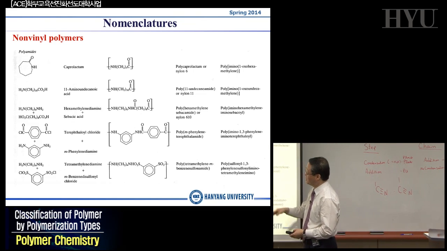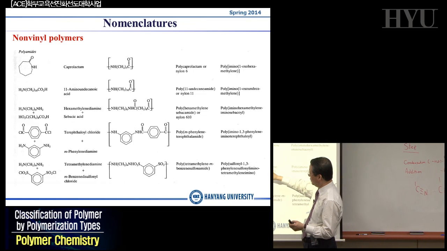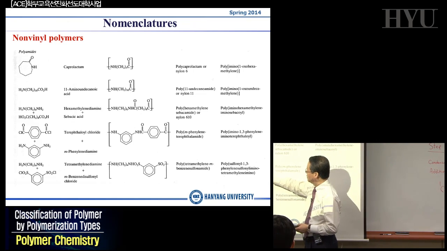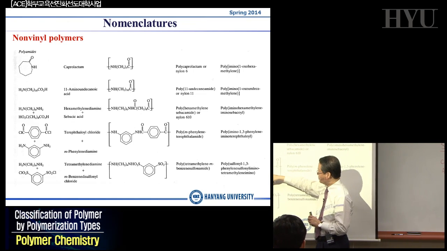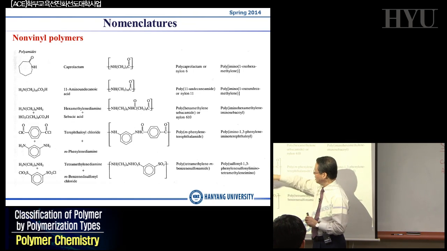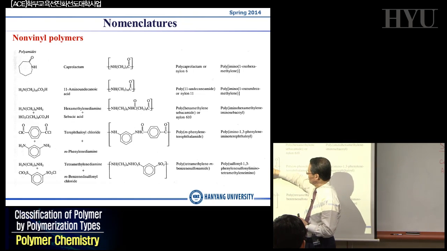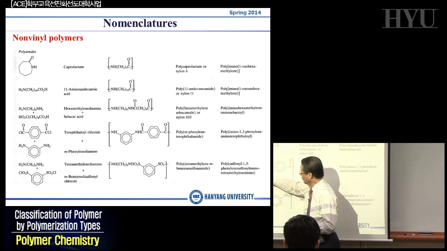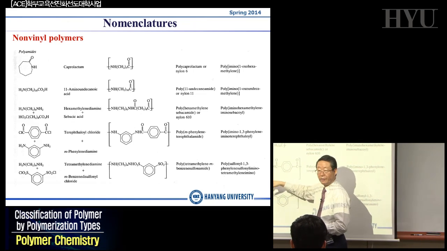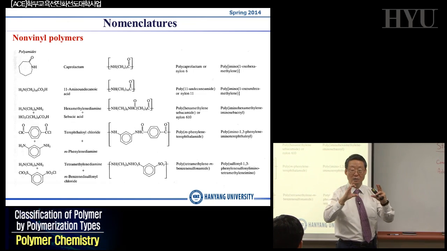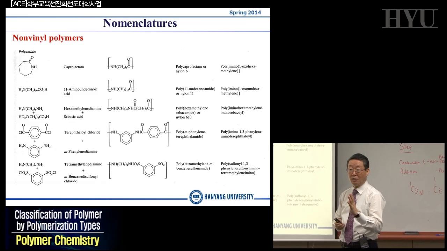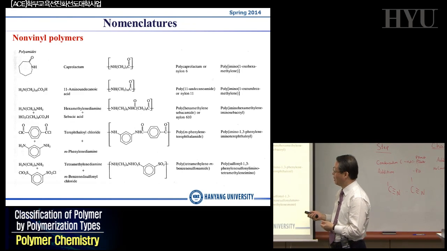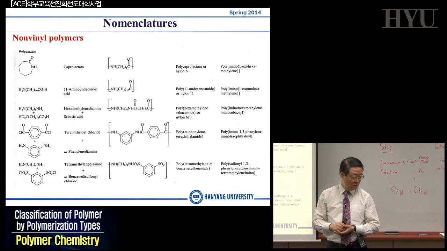This is the Nomex type of polymer. This is not Nomex actually, but Kevlar is the one where you have a para position. If this is the para position here, then it will become a yellow fabric, which does not burn.